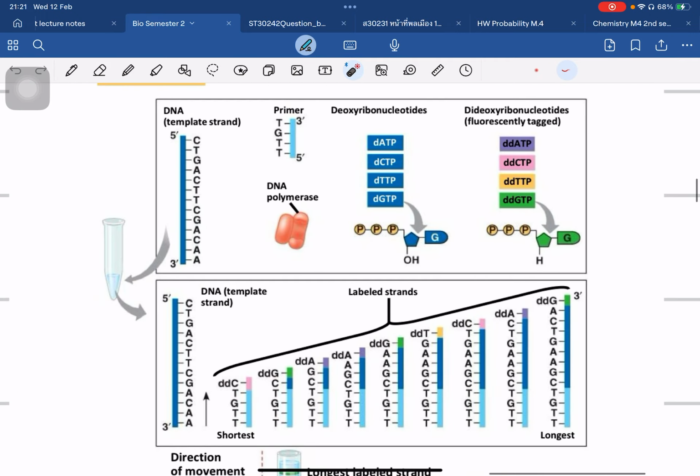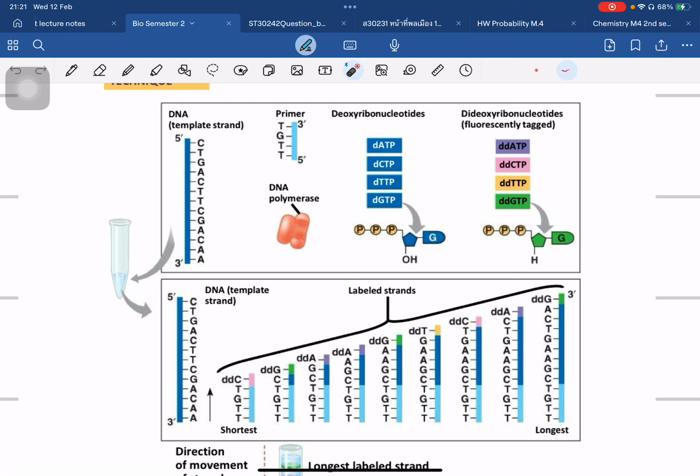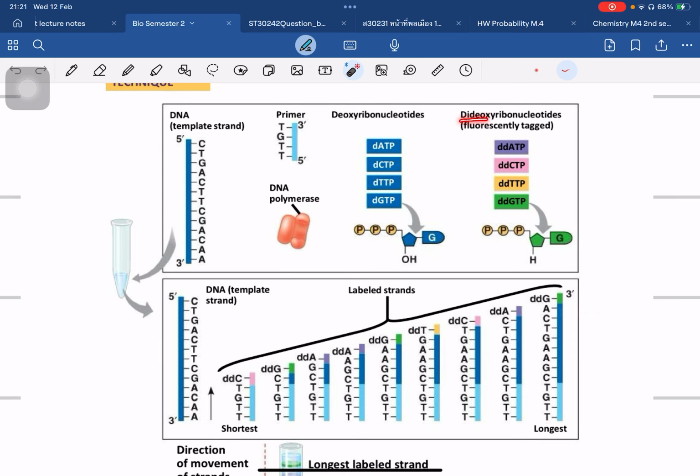So you can see that each end of the nucleotides, if they are the dideoxyribonucleotides, the special ones, not the normal ones, they're going to have a color of their own.